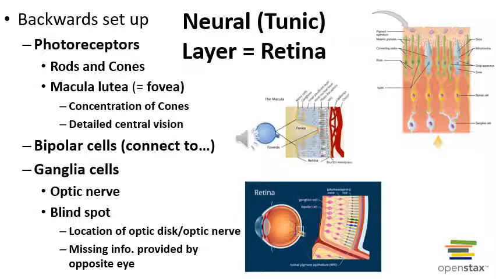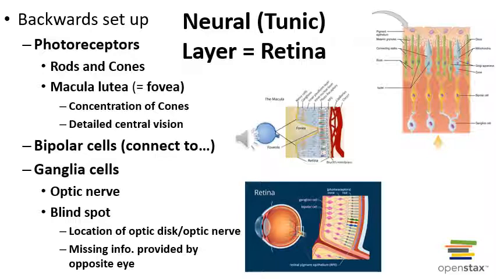But what's unique about the setup is the photoreceptors, which are actually collecting the light and generating depolarizations because of that light, are ultimately going to be connected to a bunch of neurons that will interconnect with other neurons that will interconnect with other neurons that will eventually create the optic nerve that will carry all of this photoreceptor information to the visual cortex of the brain.